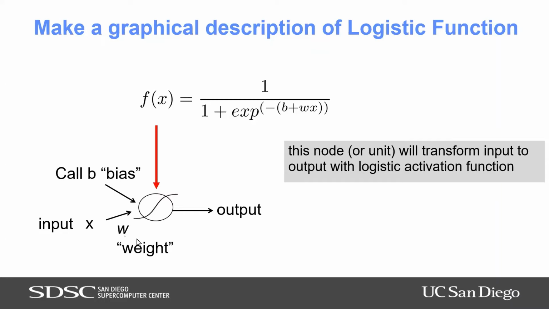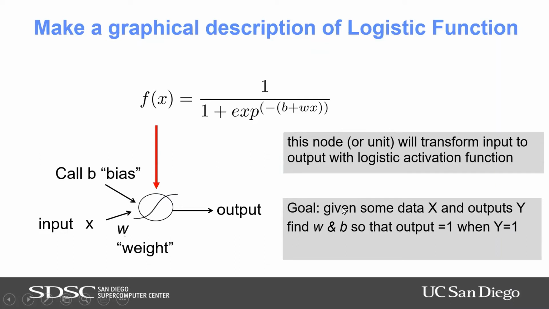So we're going to use a kind of terminology that says there's a unit or a node. Sometimes it's a neural node. We're going to transform the input into output with some particular kind of activation function. In this case, our activation function is the logistic function.